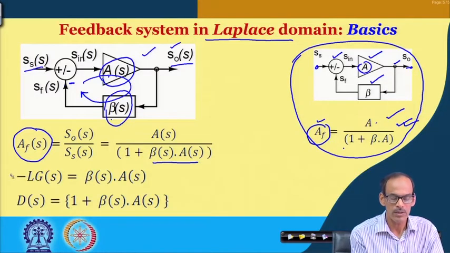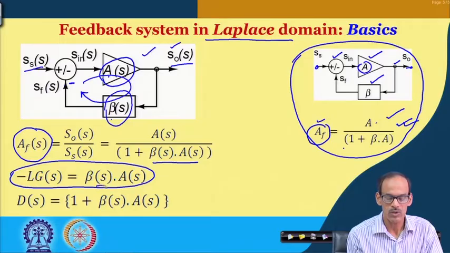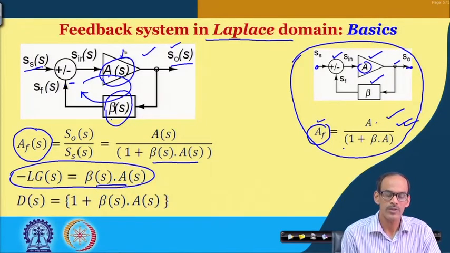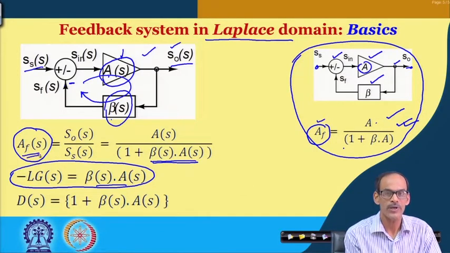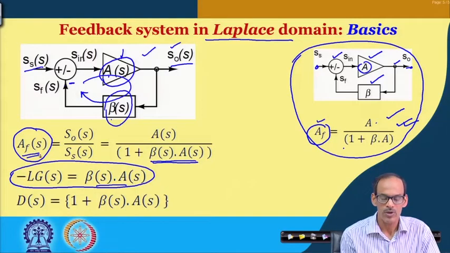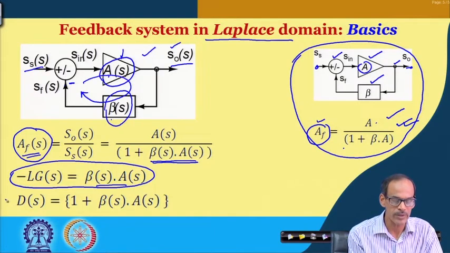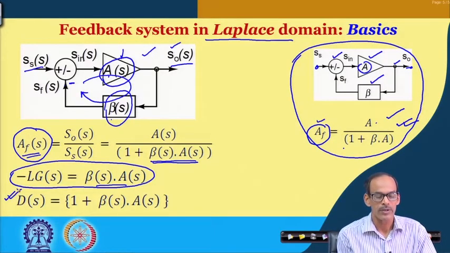The loop gain we are discussing has a direct dependency on whatever poles we have in A. So the effectiveness of this feedback network, or the loop gain, in changing the transfer function of the feedback system also depends on the location of the poles, and of course, we have the desensitization factor.